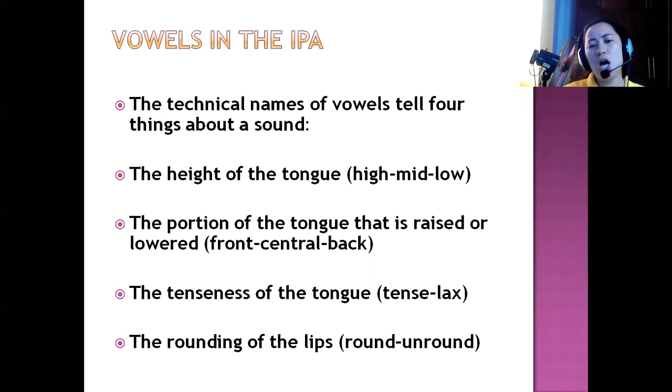The second is the portion of the tongue that is raised or lowered. We have the front, the central, and the back. Third is the tenseness of the tongue. It is either tense or lax. And then next is the rounding of the lips, round or unrounded.